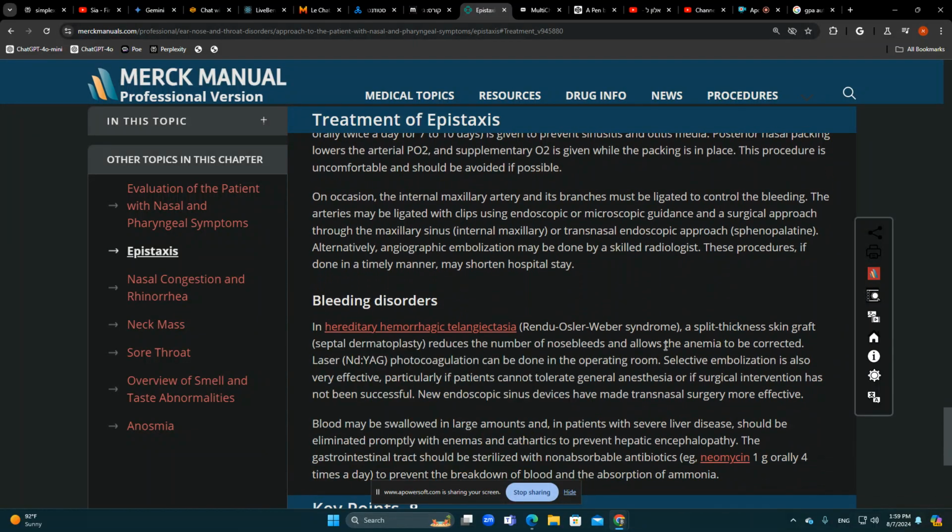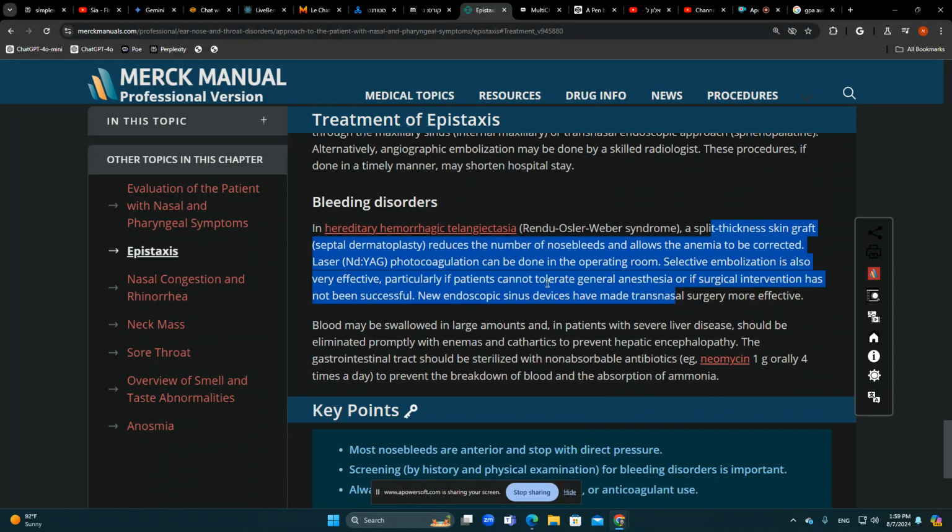Now, for bleeding disorders, there are embolization techniques, laser techniques, and grafting. These are techniques that can be used for reducing the recurrent epistaxis that can happen in hereditary hemorrhagic telangiectasia.